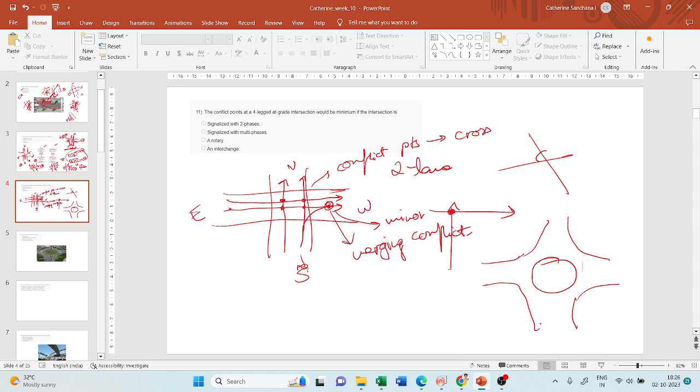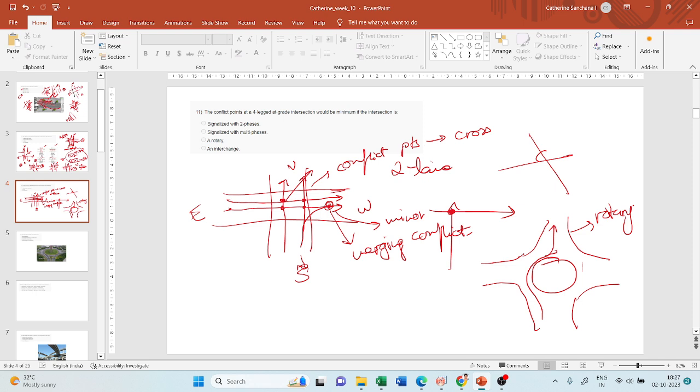When you do this, vehicles will move around this roundabout, so it will create a channelized movement, and the cross conflict points especially can be eliminated. So one such way to reduce the number of conflict points is by introducing a rotary intersection.